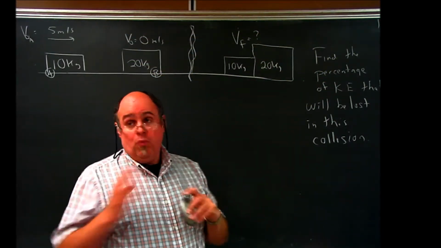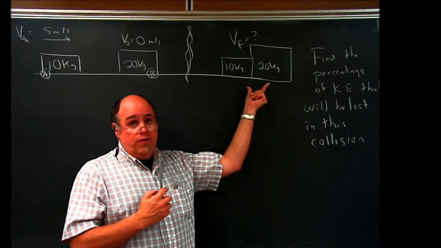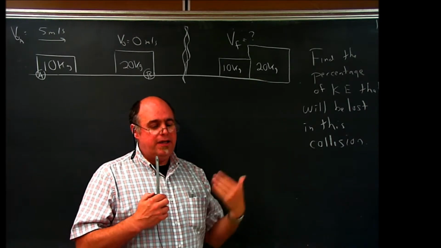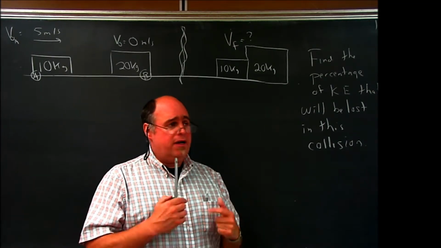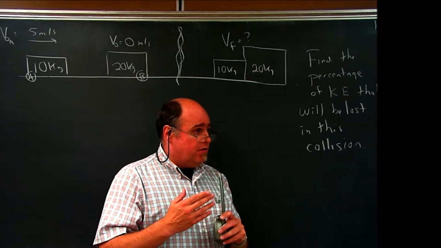I already know what type of collision it is, because we've learned that if they stick together after the collision, it's called a completely inelastic collision. So it is going to be an inelastic collision, which means we will be losing some of the kinetic energy, and our job is to figure out how much.